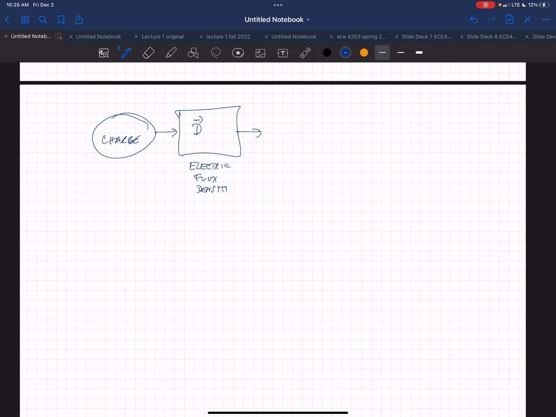And by using the permittivity relationship, that gives me the electric field, and the electric field gives me the force. Okay, so this is what I can actually measure and see.